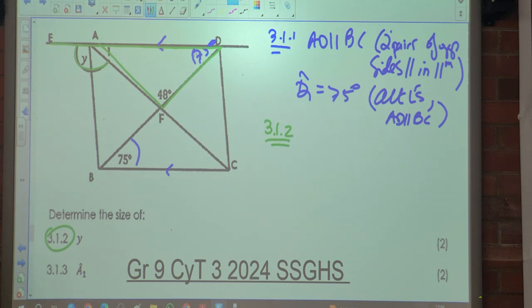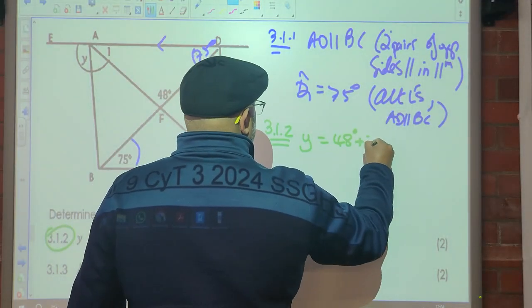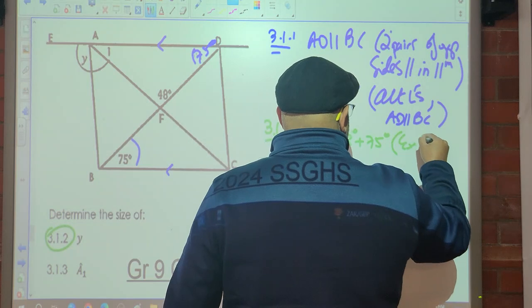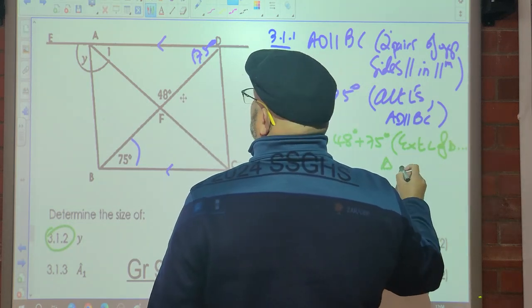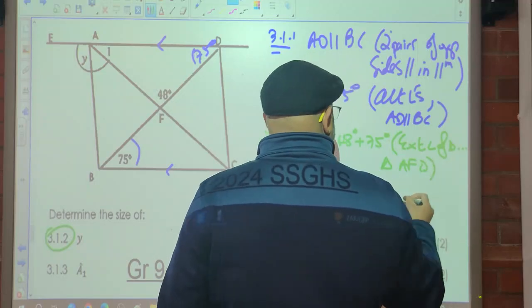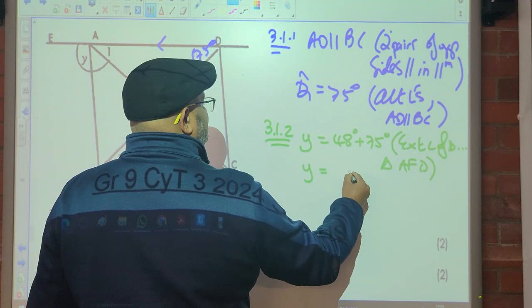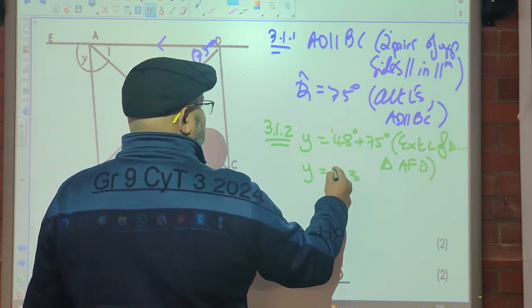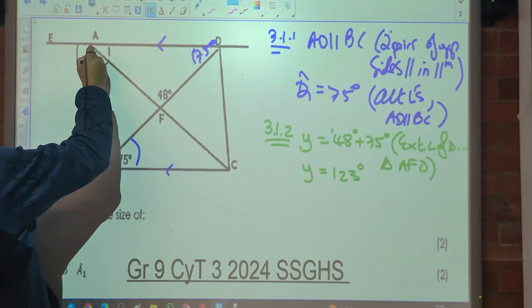Not so? So we're going to say that Y is equal to 48 plus 75, exterior angle of triangle AFB. So Y works out to be 123 degrees. Is that correct?